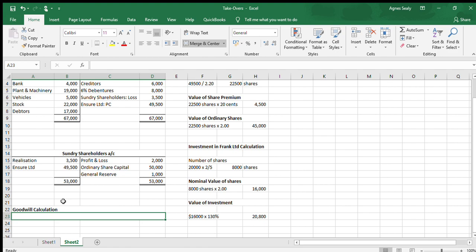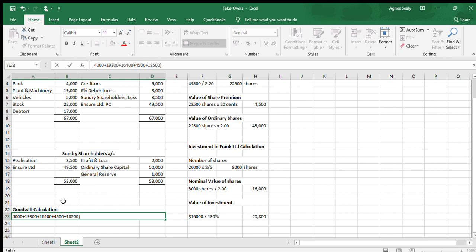So to calculate the net assets, it would be $4,000 plus $19,300. Because the bank is $4,000, plant is $19,300, plus debtors of $16,400, plus vehicles of $4,500, plus stock of $18,500.